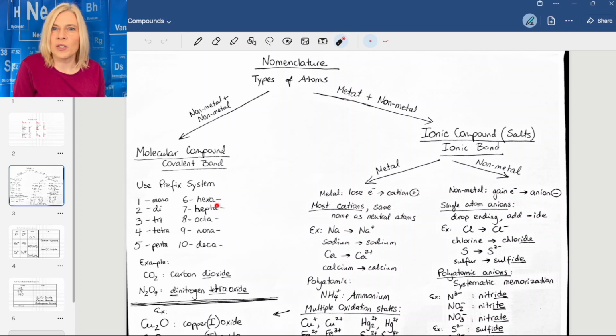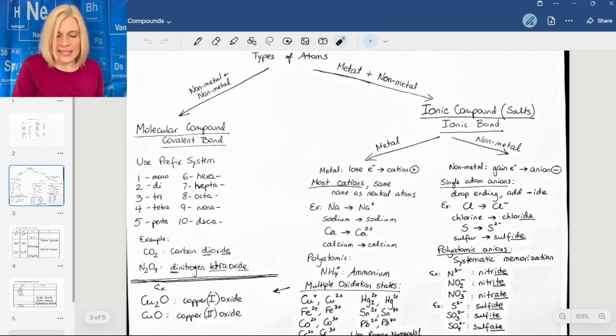Think of your geometry shapes. 7 is hepta. 8, octa, octagon, stop sign, octopus. Yes, it has 8 arms. 9 is nona. 10, deca, like decades.